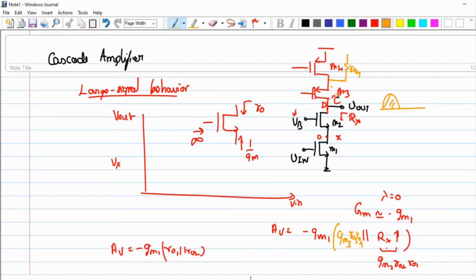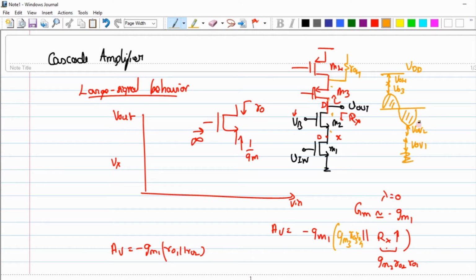What is that minimum drop I have to maintain such that both M3 and M4 remain in saturation? Vov. So if this is my VDD, I have to have a drop of Vov4 across this VDS4 and Vov3 across my VDS3, okay? And when I step down, again I have to maintain a minimum drop across transistor M2, which is nothing but my Vov2, plus the minimum voltage across the drain and source of M1, which is Vov1.